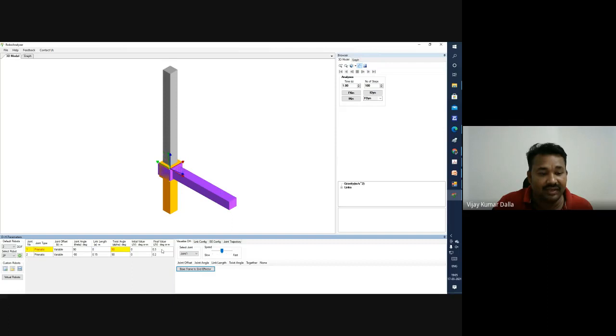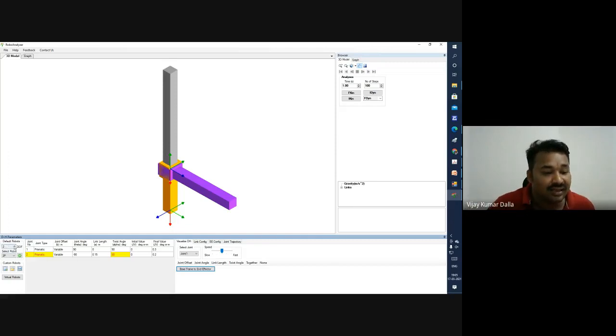Joint number 1 values it is taking, now it is taking joint number 2. The joint angle here is minus 90. The link length is 0.15. That's why it is going down. In this way, we can visualize the motion of the robot.